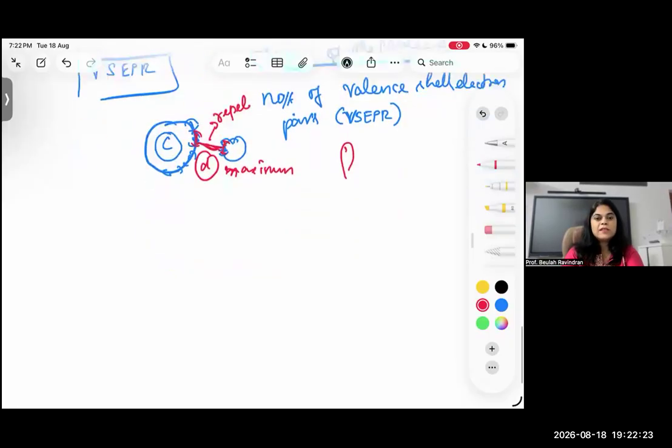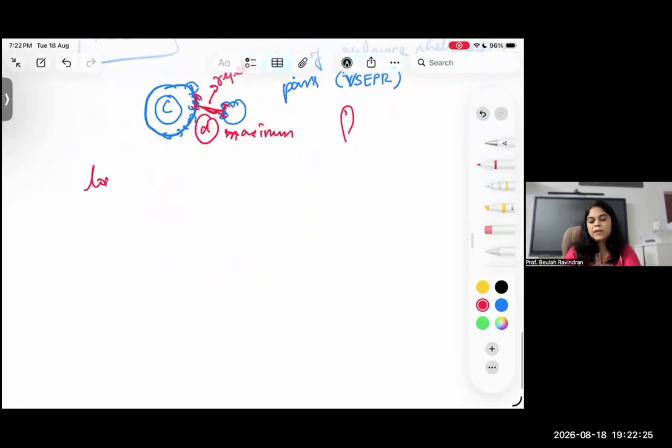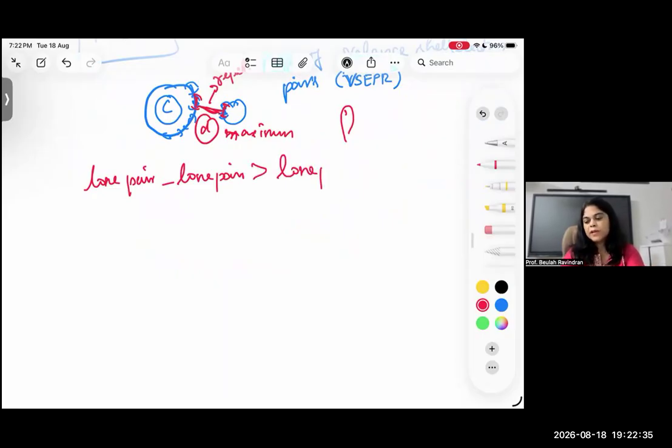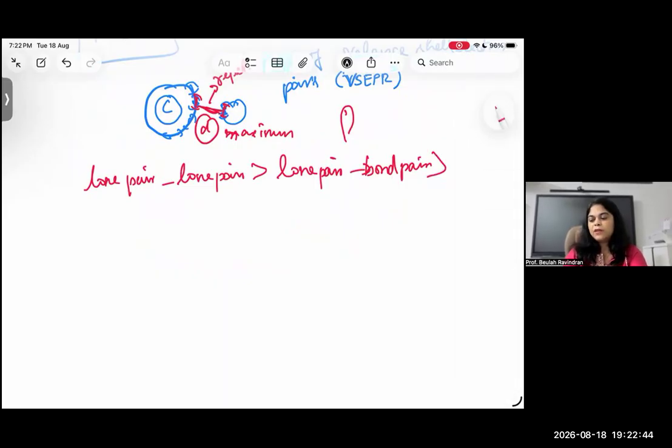So there is lone pair to lone pair repulsion. In this, repulsion is more when compared to lone pair and bond pair, and when compared to bond pair to bond pair, the repulsion is more like that.